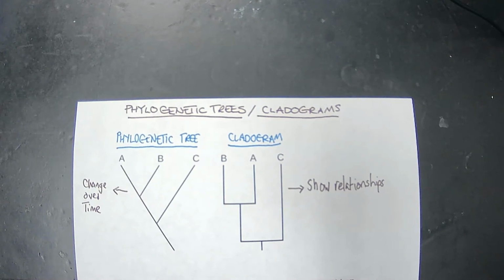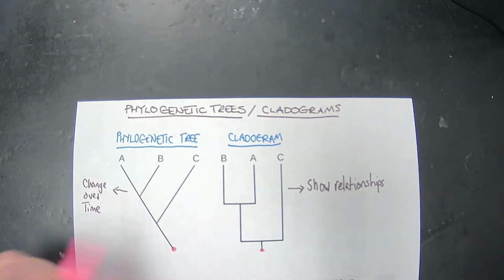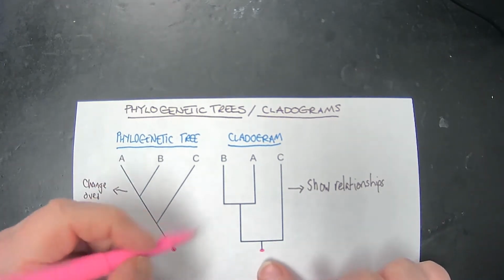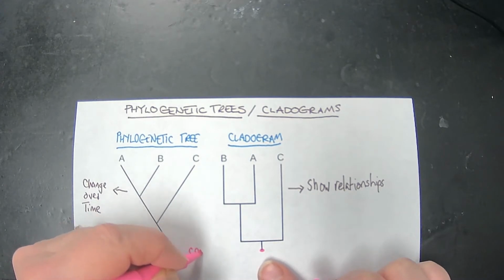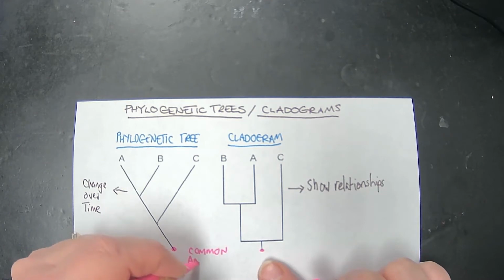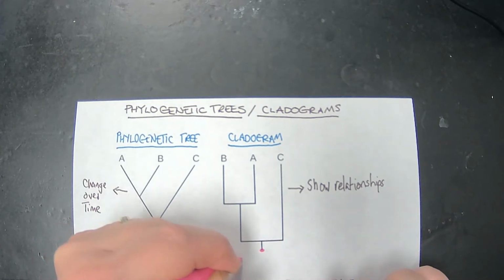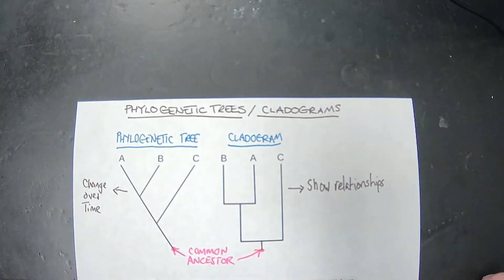What they both have in common is this point here and this point here, where they start, because they both start at the common ancestor. So the beginning of the line on each of them represents a common ancestor from which everything else has come.